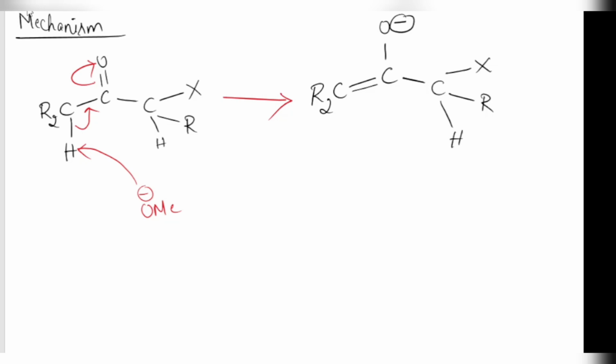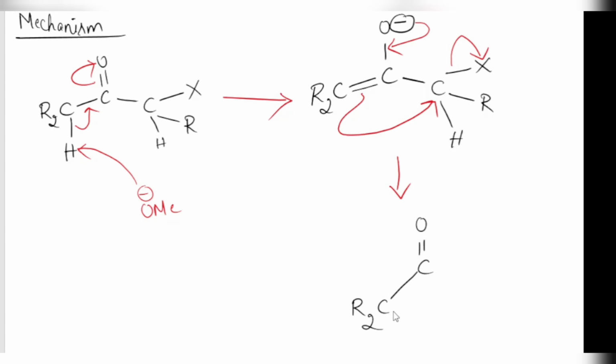In the next step, this negative charge will come back like this, and the enolate will attack this particular carbon, and the halide will leave as a leaving group. This is the rate determining step, and finally we will get a three-membered ring, that is here the carbonyl group is there, and here we have carbon and R2, and here we have carbon.